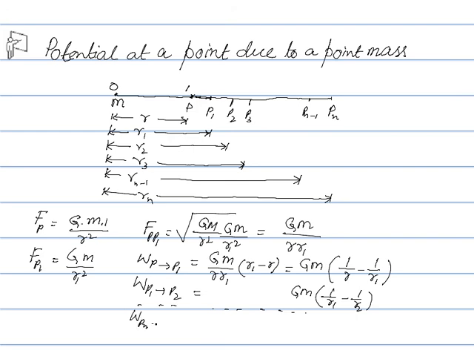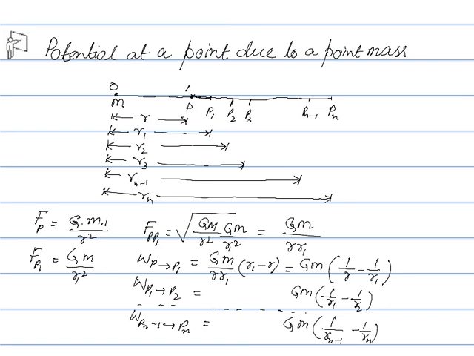This work done will be equal to GM times 1 by Rn minus 1 minus 1 by Rn.